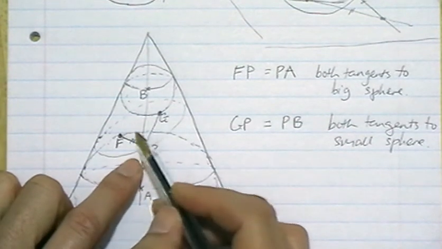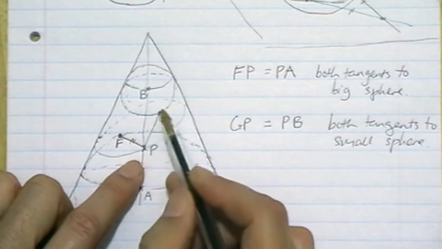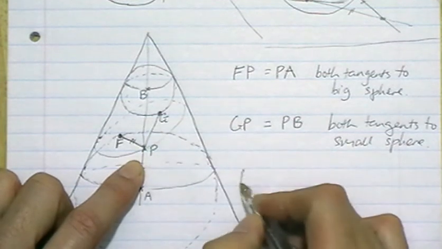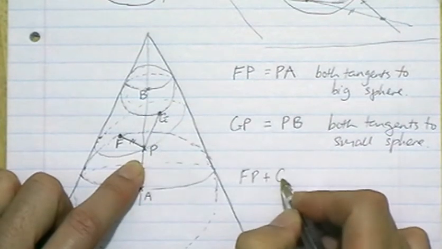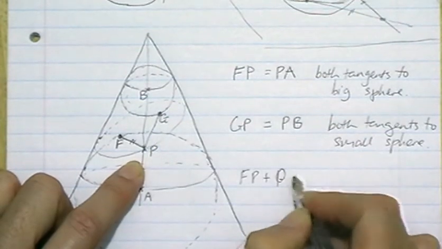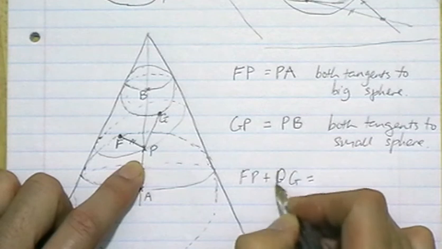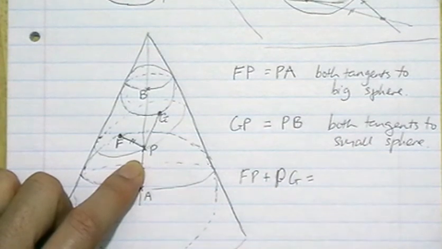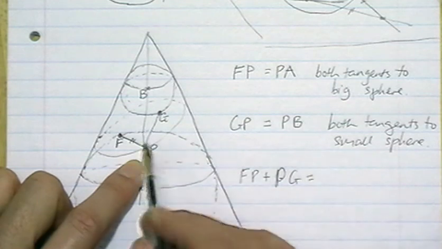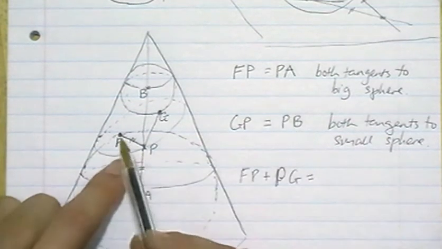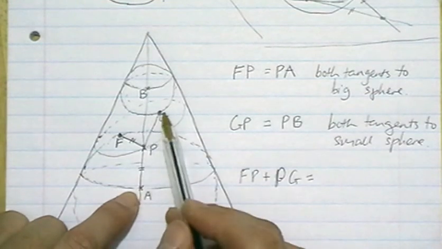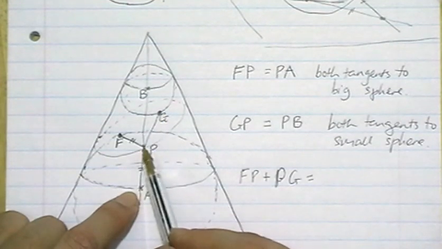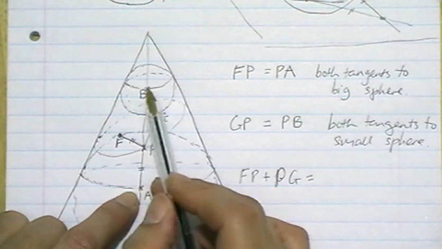So it is these two lines, FP plus PG, this sum which I hope to be a constant. But we know that FP is equal to PA and that PG is equal to PB.